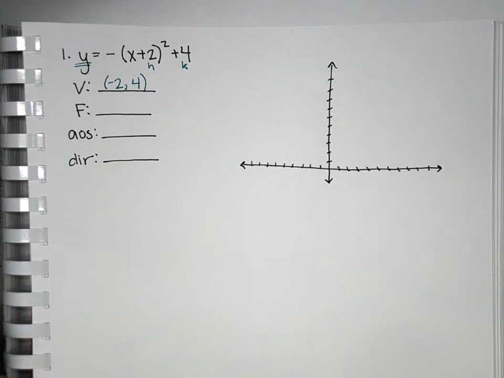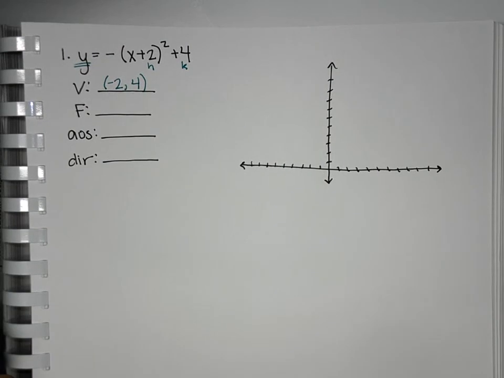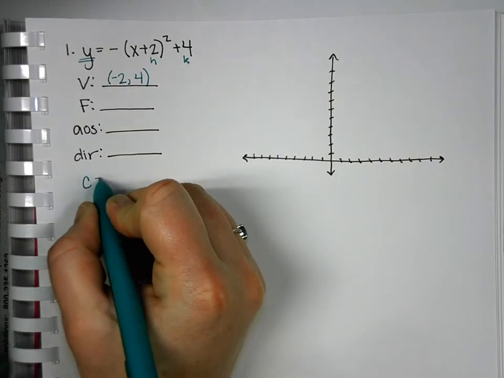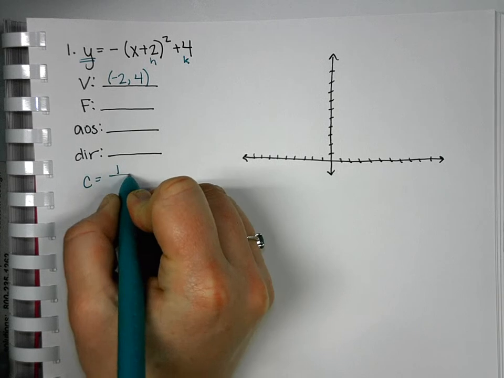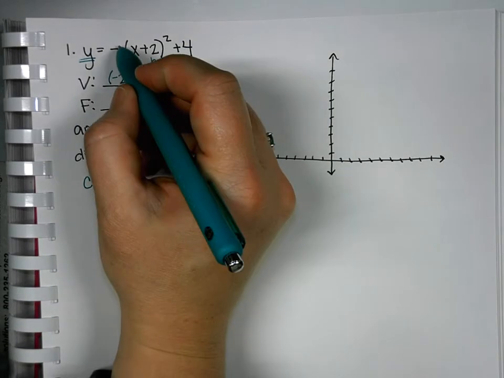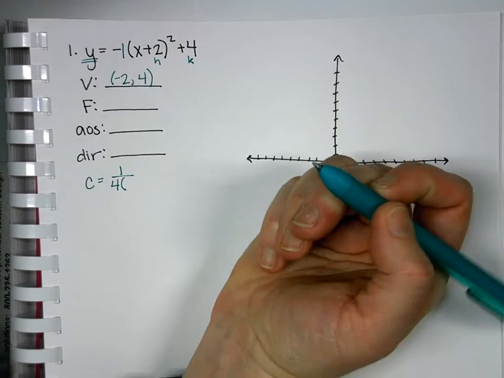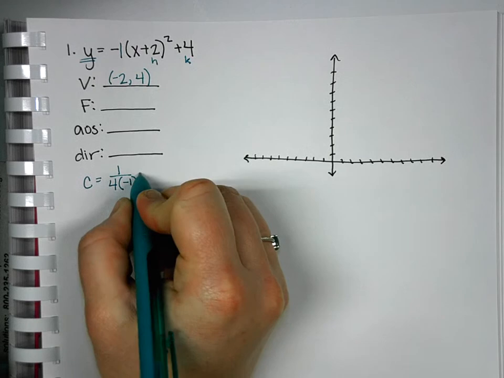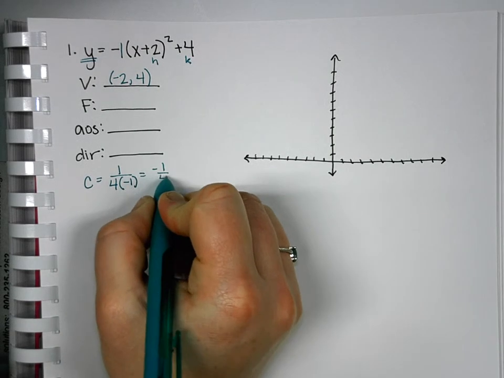Now our focus, we have to find our C value. So C is equal to 1 over 4 times our A value. Well, our A value is right here. So in this case, it'll be negative 1. So negative 1/4 is our C.